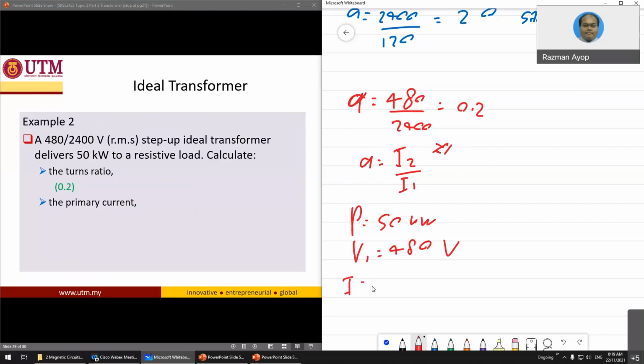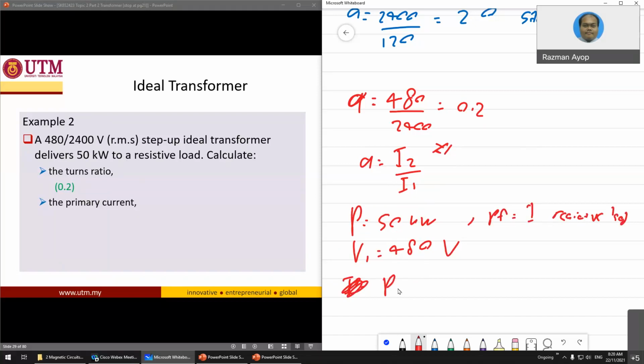So I equals... this one should have a power factor, I think. Oh, resistive load only. So the PF, power factor, is just equal to 1 because it is a resistive load.